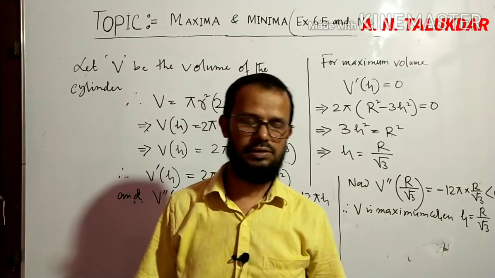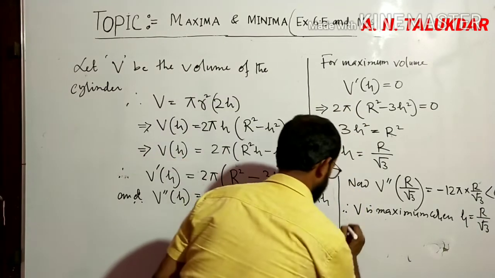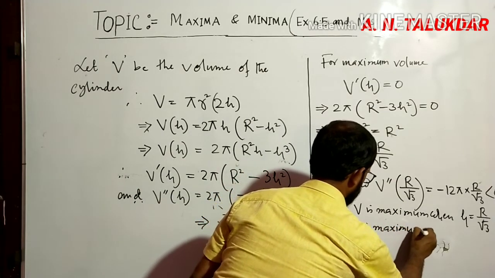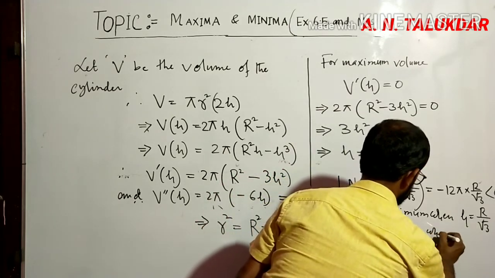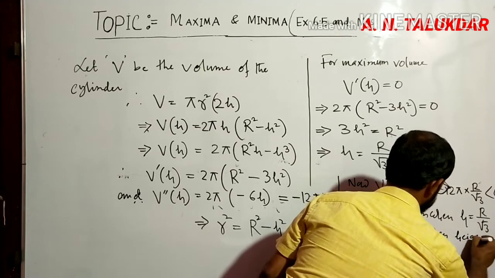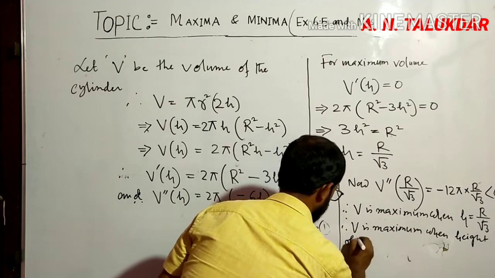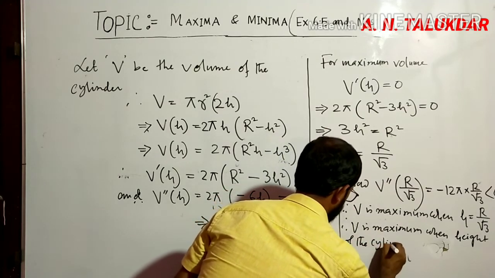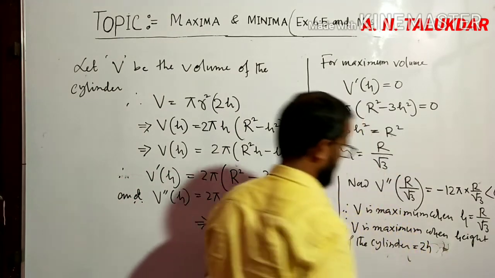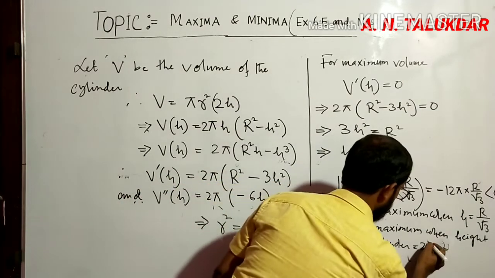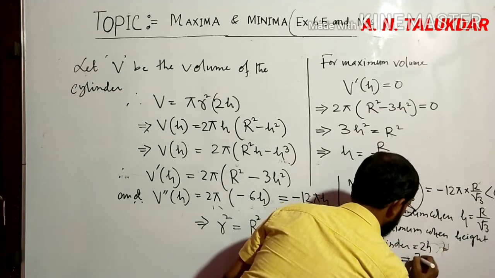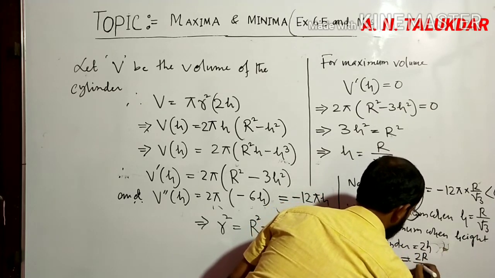What is the height of the cylinder? Twice h. So you can write, therefore V is maximum when the height of the cylinder, which is twice h, equals 2h with the value put in, 2R by root 3.